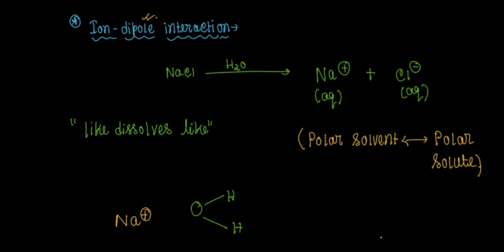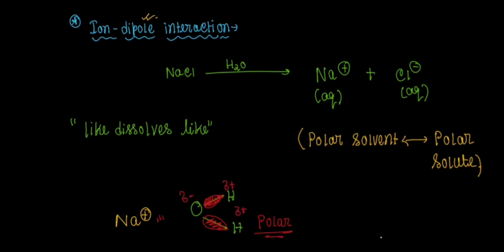The water molecules are polar in nature, because oxygen is more electronegative, so it pulls the electron cloud of both the sigma bonds, and as a result this oxygen becomes delta negative, whereas the hydrogens become delta positive.